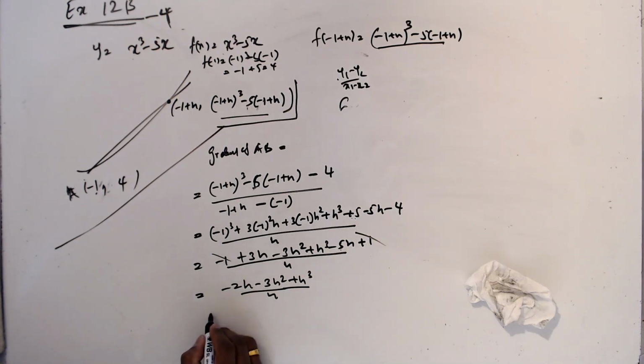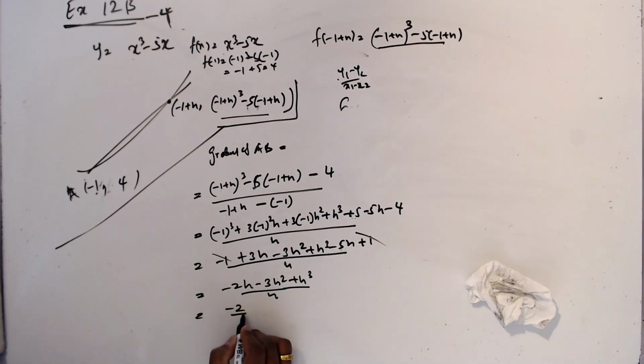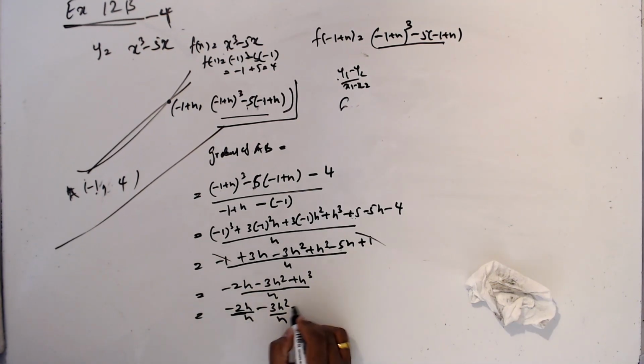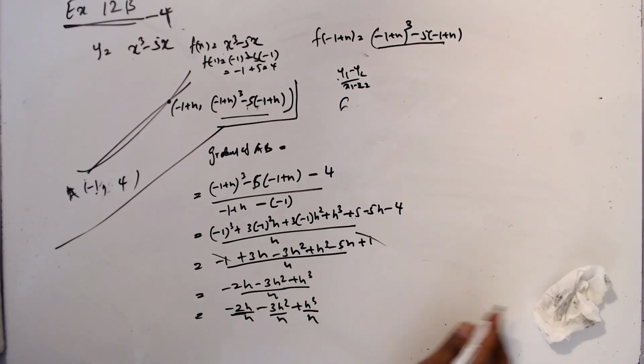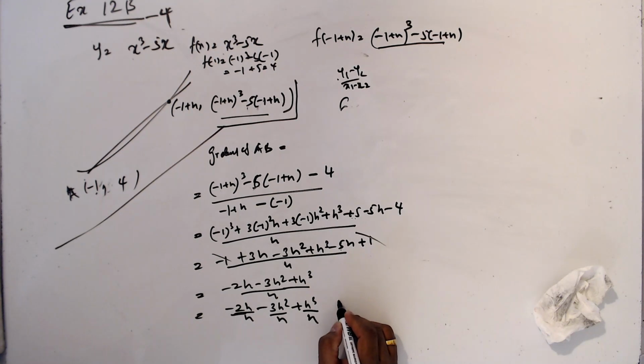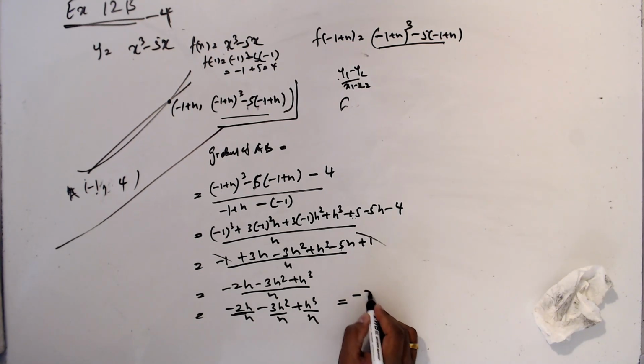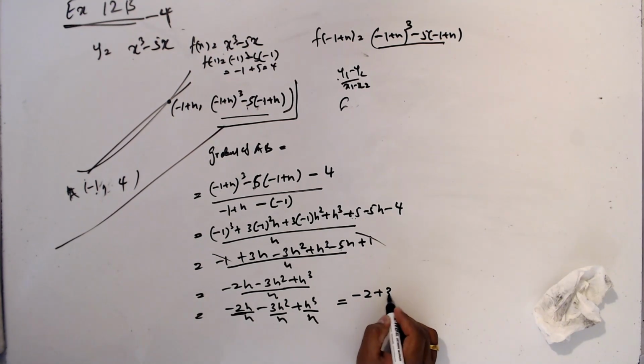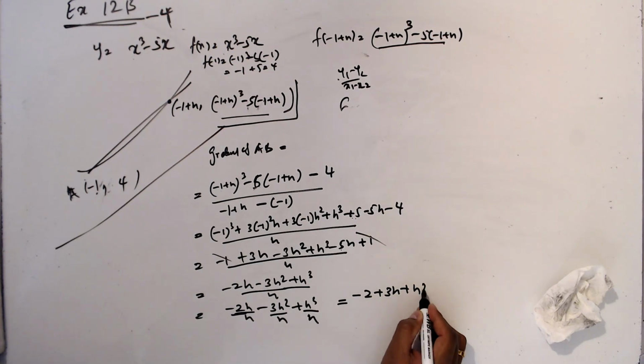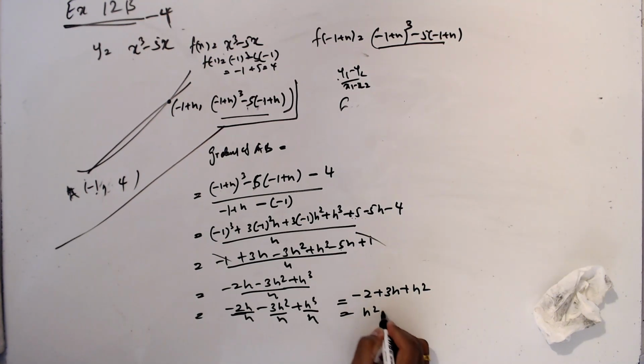So this is going to be minus 2 over 2h over h minus 3h square over h plus h cube over h. So this will give minus 2 plus 3h plus h square. So the answer is h square plus 3h minus 2.